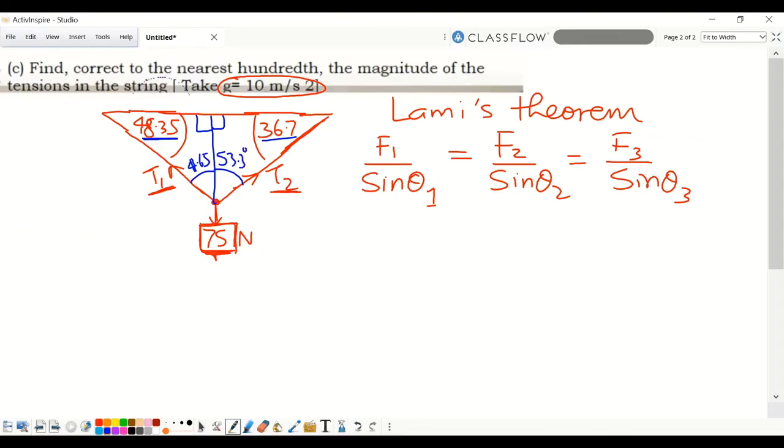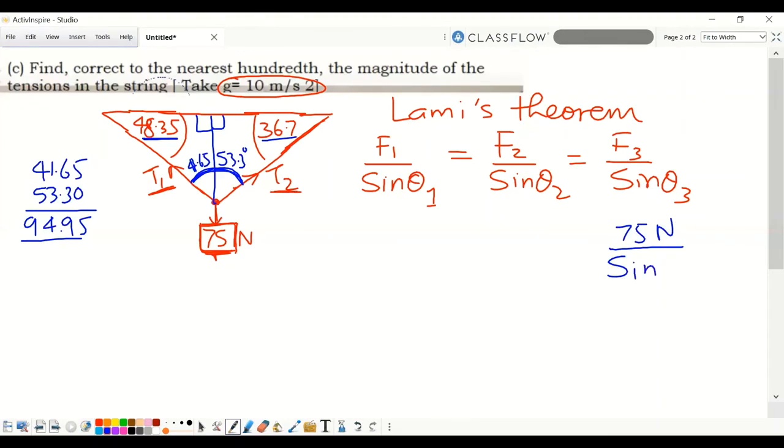Right? And now we know the total angle, this one will be 41.65 plus 53.3, which will be 94.95.